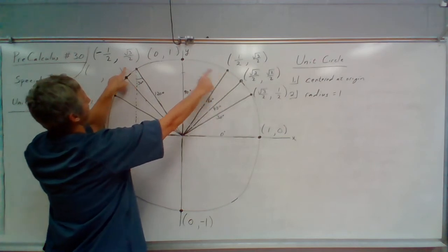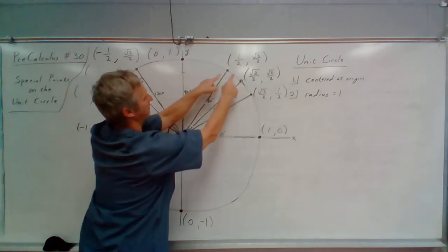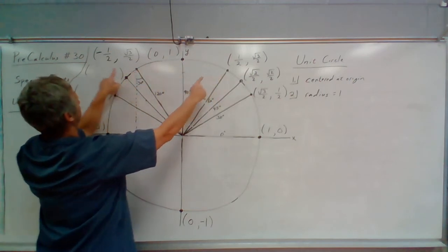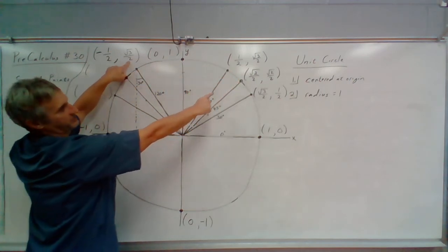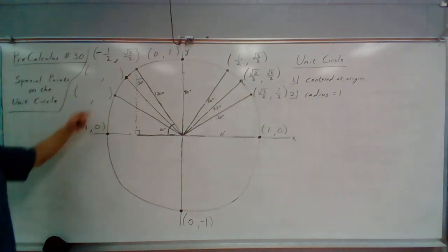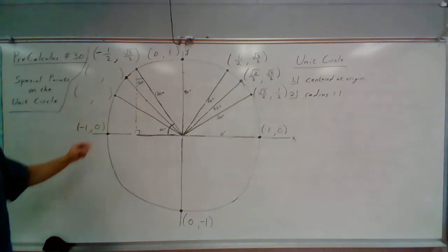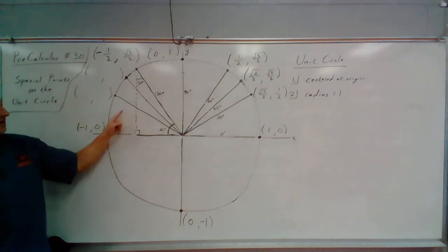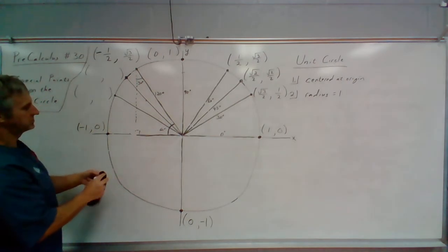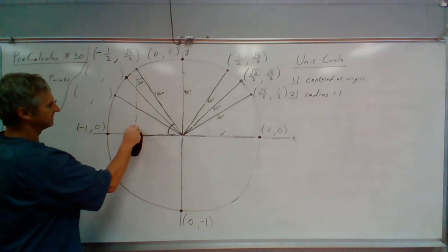So you can see that these numbers should be the same for both of those because they both go the same distance. So they both have a 1/2. They both have a square root of 3 over 2 for the x and y values. The only difference is the sign. So we could keep drawing triangles all the way around the circle, but we don't have to. We can use the symmetry of the circle to make that happen.